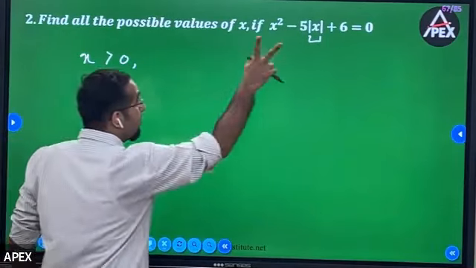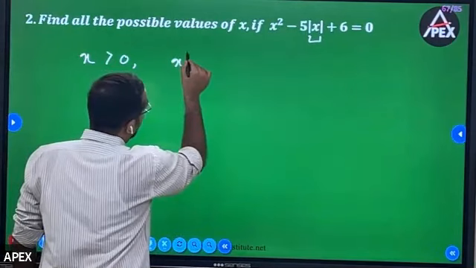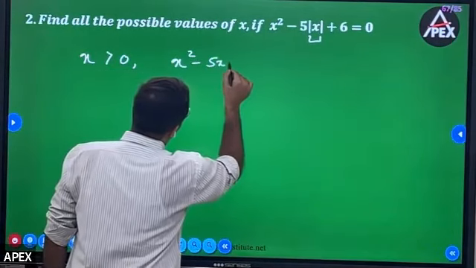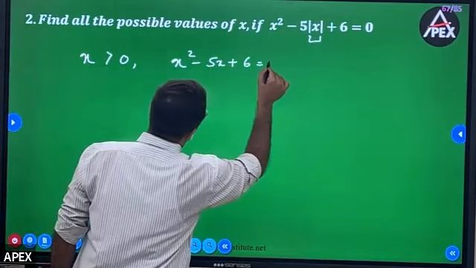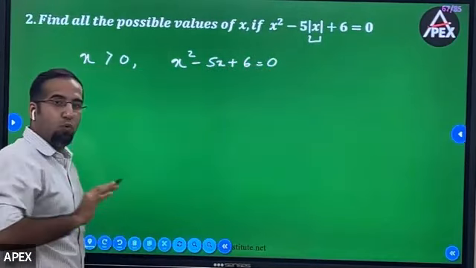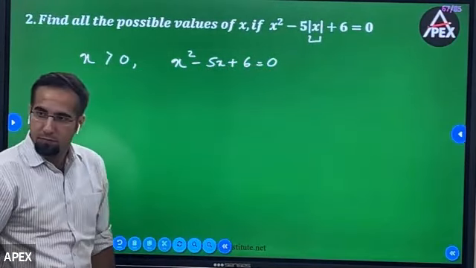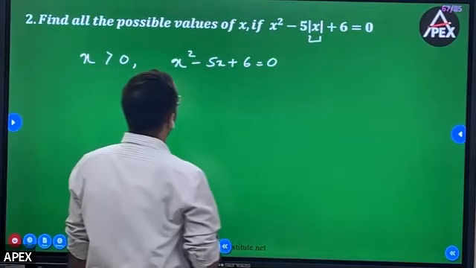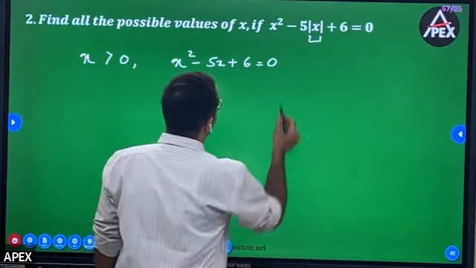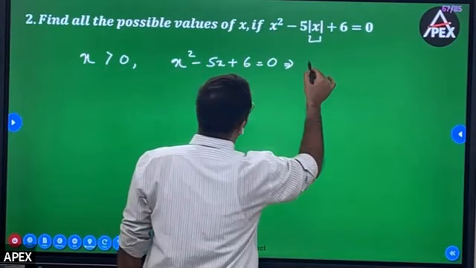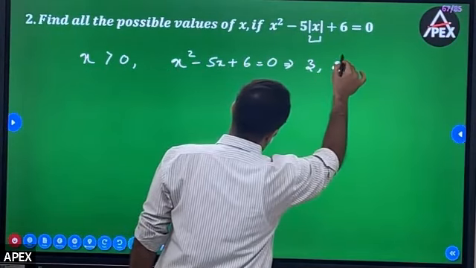So I remove the modulus sign. So this becomes x square minus 5x plus 6 is equal to 0. So if this is the case, what do I get as roots? So I get minus 3 and minus 2. So therefore the roots become 3, 2.